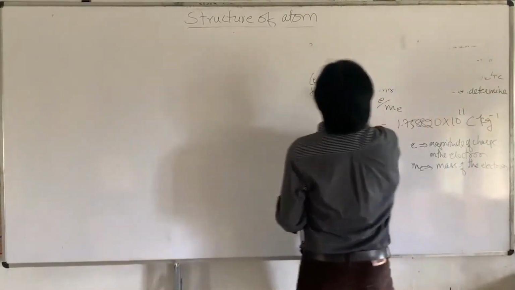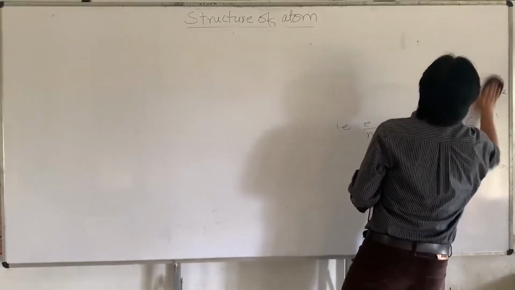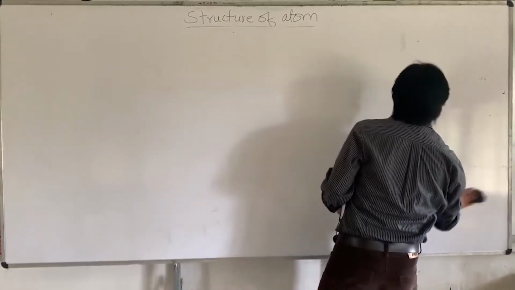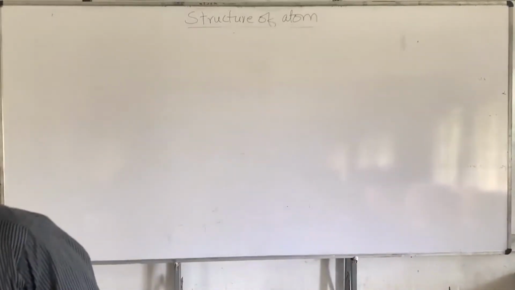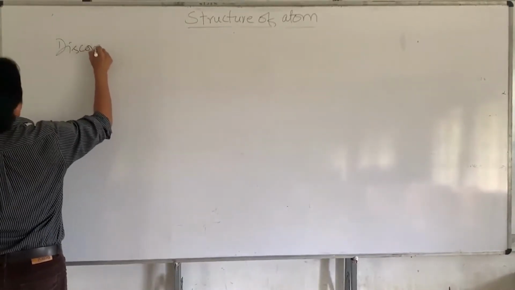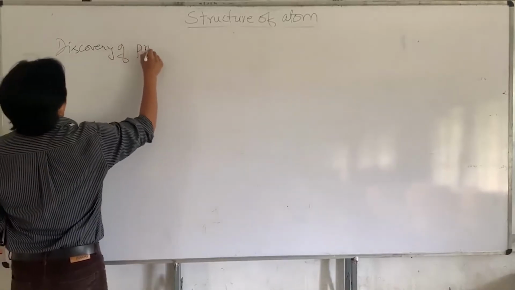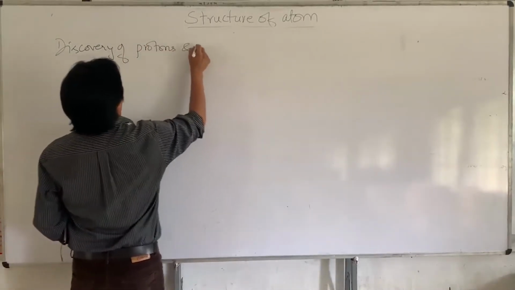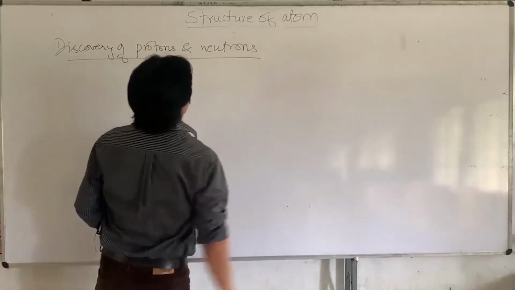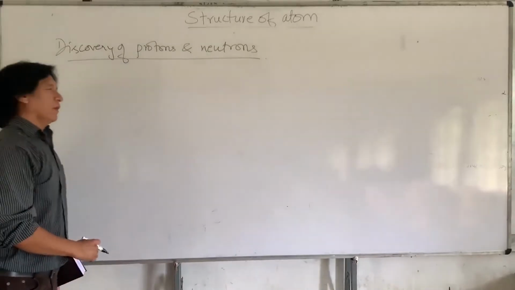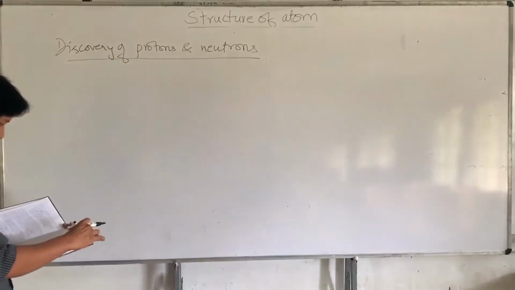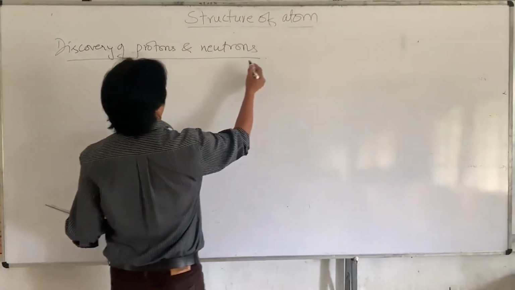So let's see how these protons were discovered. As I said just now, in the discovery of protons, they used what is known as a modified cathode ray tube, and with its help they managed to discover protons.